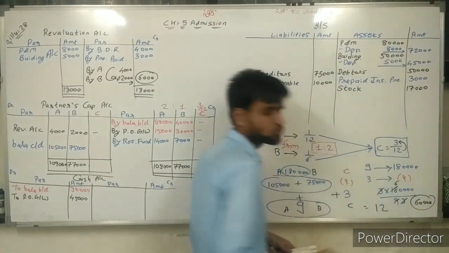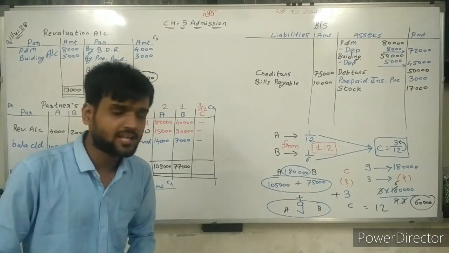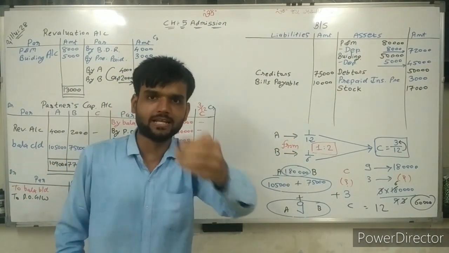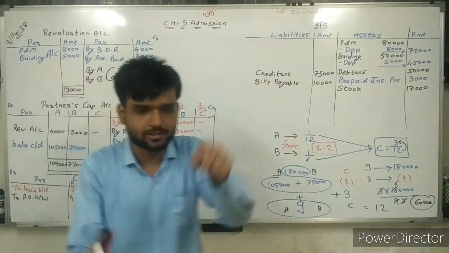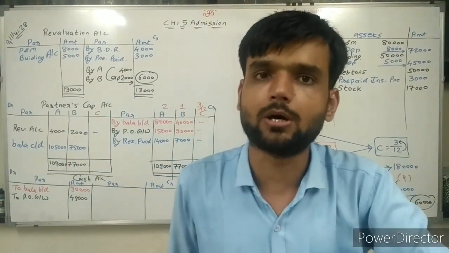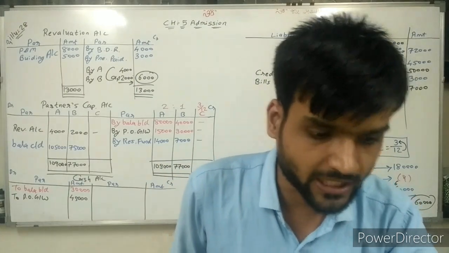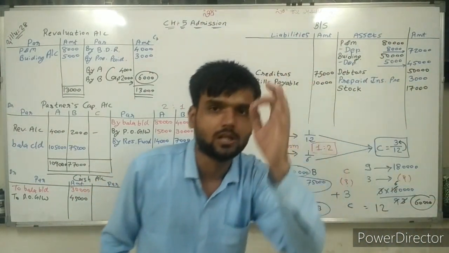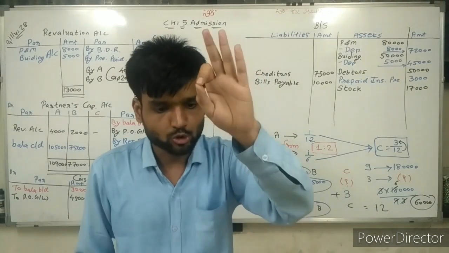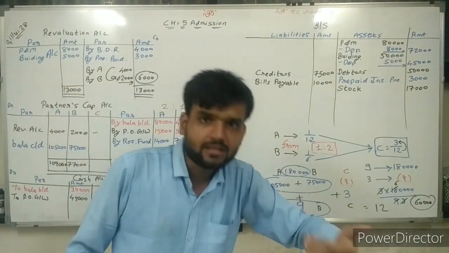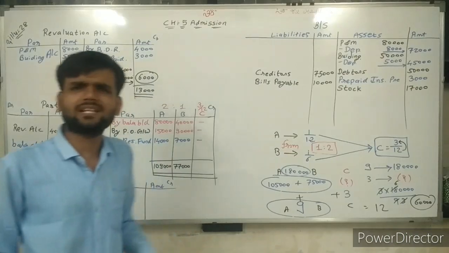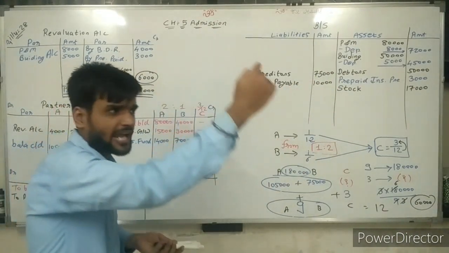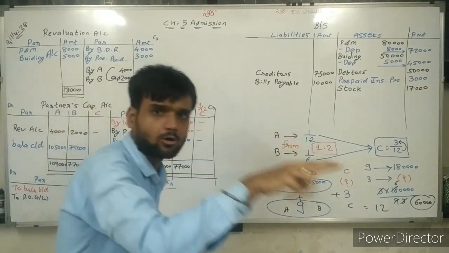So 60,000 rupees is brought by partner C, because C will bring in his proportion, that is given in adjustment number 2. C will bring proportionate capital. This is the proportionate capital brought by C. So 60,000 rupees brought by C. Now we can write easily. 60,000 rupees comes into the business, cash account debit, C's capital account credit.